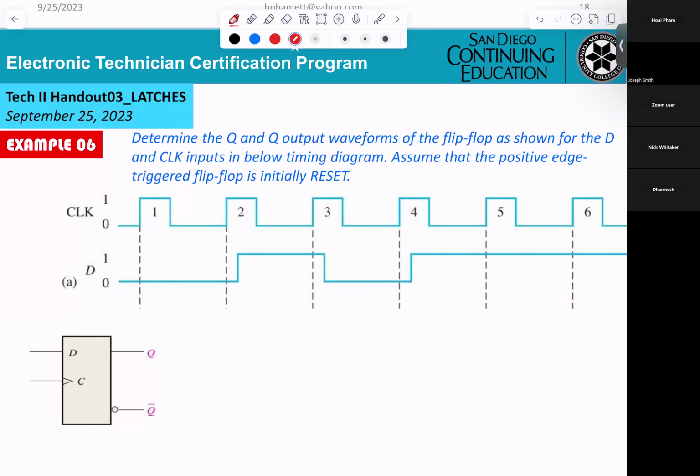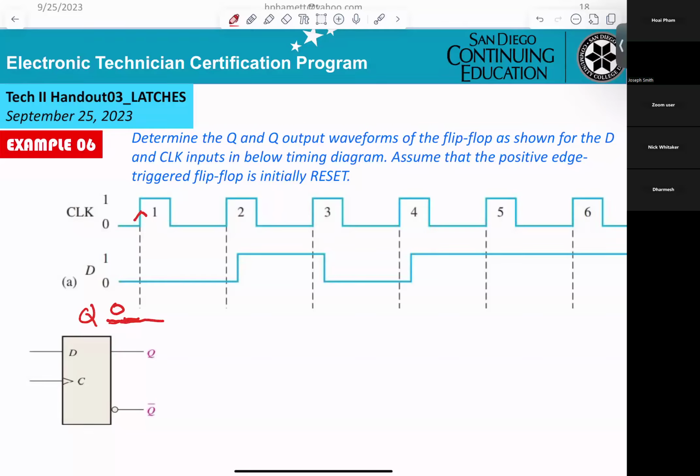So they are telling you Q is zero. When the clock goes 0 to 1, Q equals D, D equals 0.